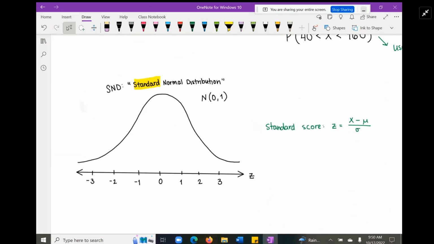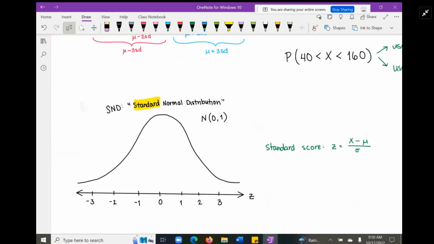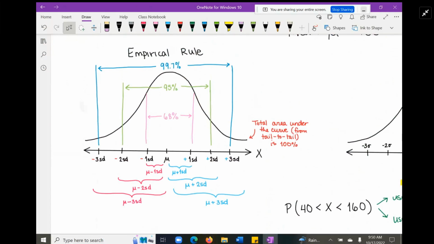Sometimes you may also have covered standard score right beside the empirical rule to show how they're directly related to each other. You can even see that it's like a direct offshoot from the empirical rule. Notice it's -3, -2, -1.